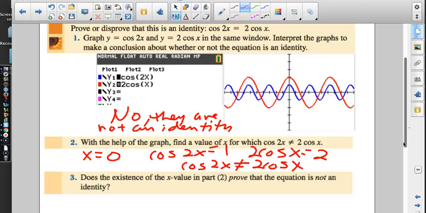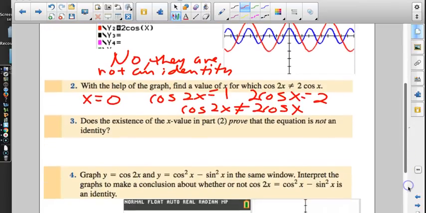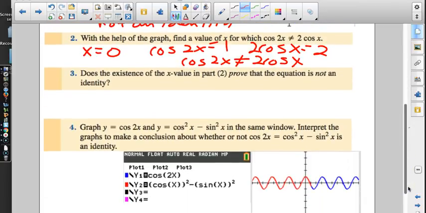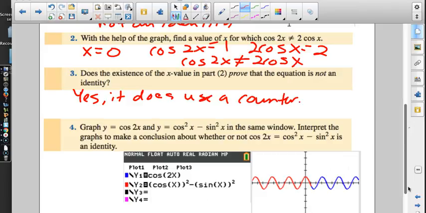So it's formally not a proof, but yes, one counterexample does tell us that something is not true. So their language is a little weird here. It's not a proof, but yes, it does use a counterexample to show the false identity.